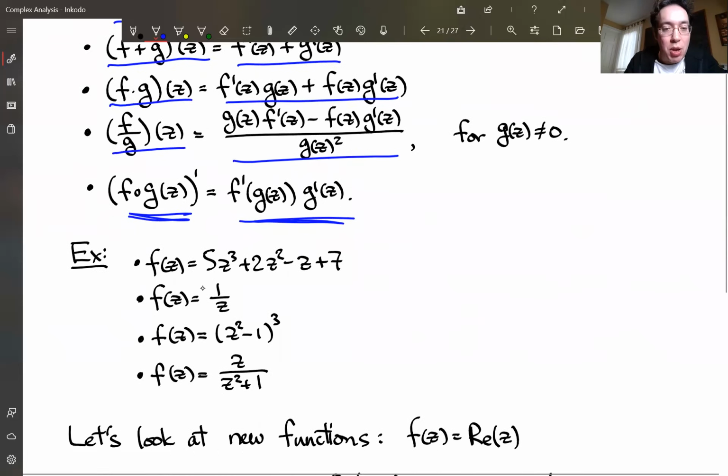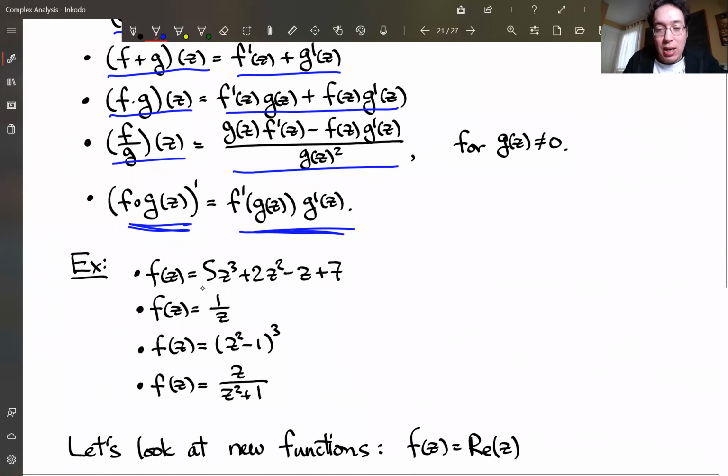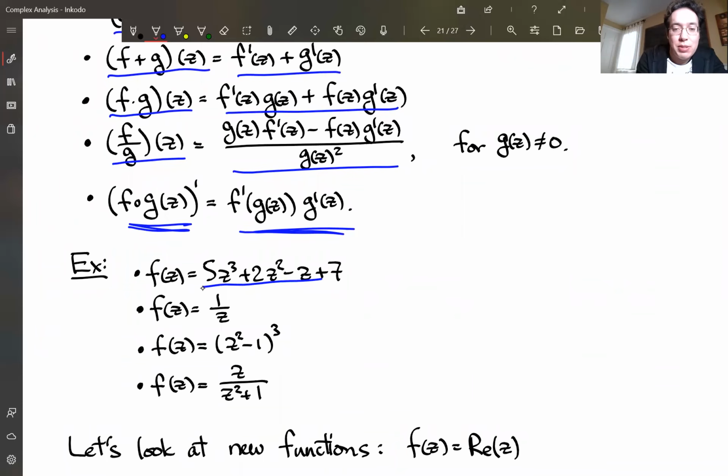Okay, so that means we could take derivatives of polynomials just fine. We just have to use the power rule.